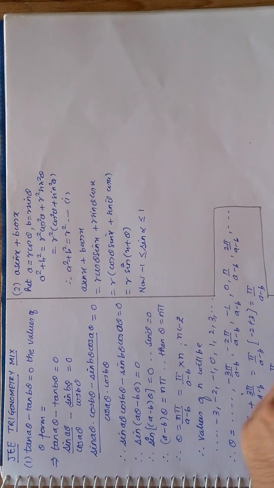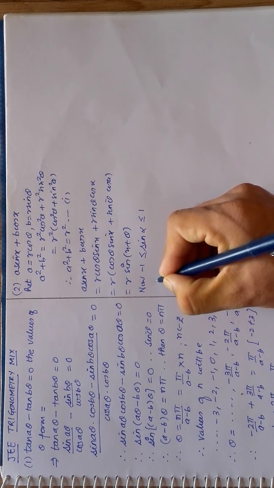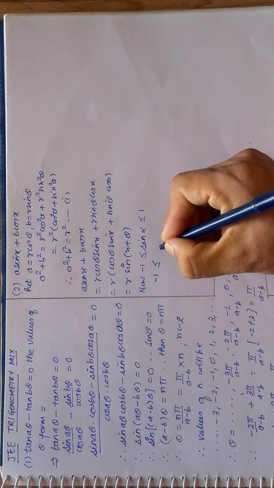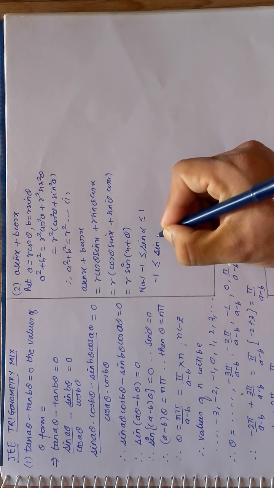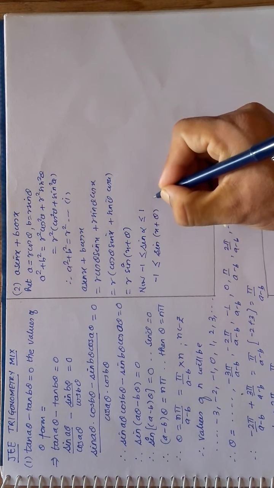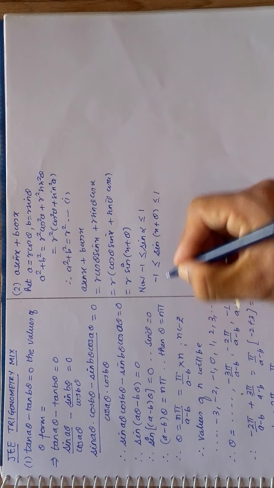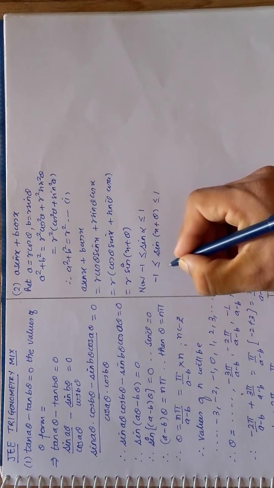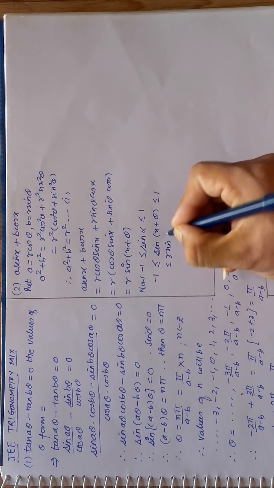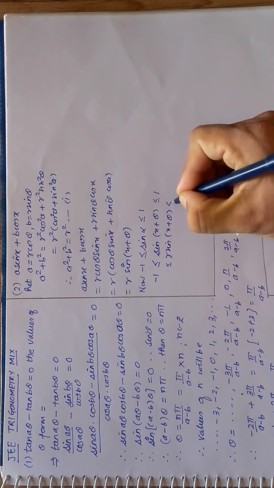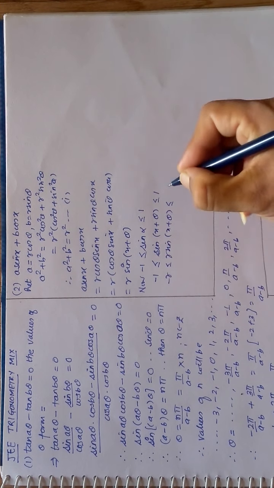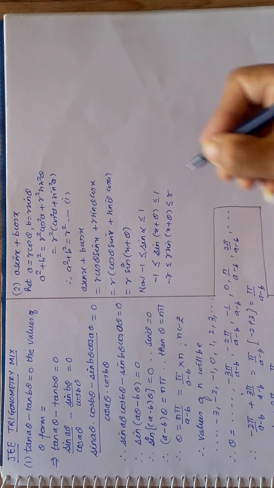So obviously I can say here -1 is less than or equal to sine of x plus theta, less than or equal to 1. I require r sine, so here it is r sine of x plus theta. So obviously this will become minus r and this will become plus r.